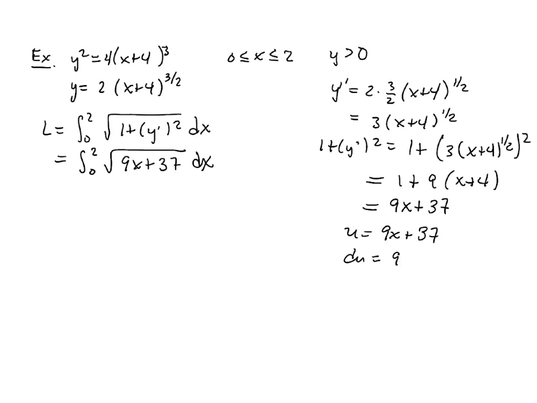So du is 9 dx. When x equals 0, my u is going to be 9 times 0 plus 37, so 37. And when x equals 2, I'm changing my limits of integration. We're going to find that u equals 9 times 2 plus 37, which is 55.